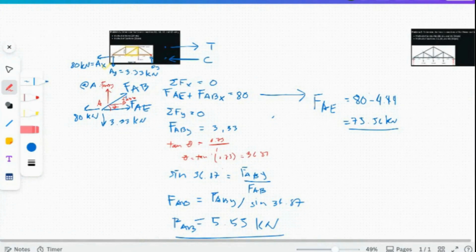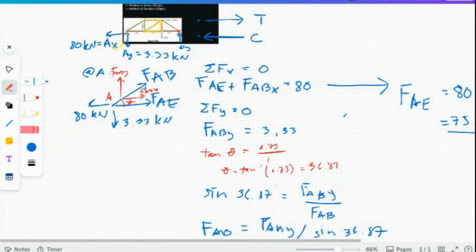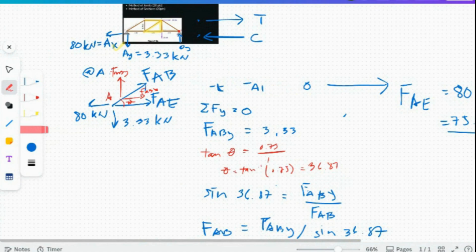So now that we have that, let's take note of these figures. We all got positive numbers. That means all are actually correct assumptions of the force directions. So let me clear this up a bit so that we could write our answers. FAB, what was the answer for that again?